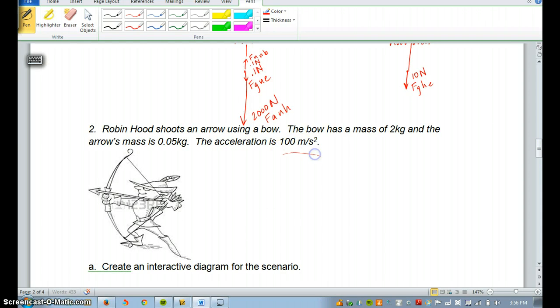So here's my acceleration. I know that force is mass times acceleration. So the net force of the arrow is its mass, so we have 0.05 times 100 meters per second squared.